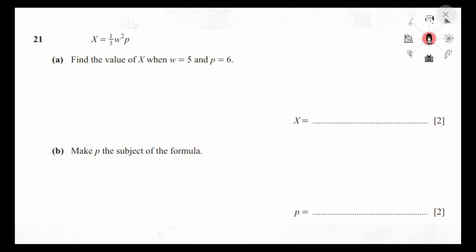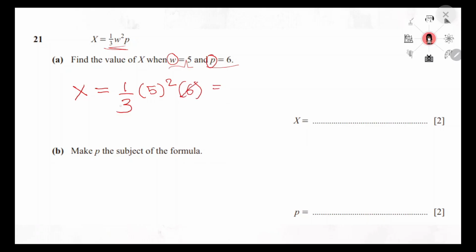21. x equals 1 by 3 w square into p. a. Find the value of x when w equals 5 and p equals 6. So we'll have to substitute the w value and p value into this equation, which would be x equals 1 by 3, w is 5, so 5 square into p, which is 6.